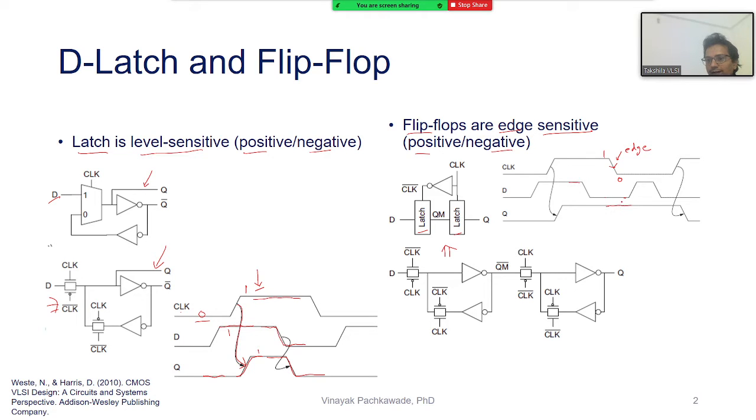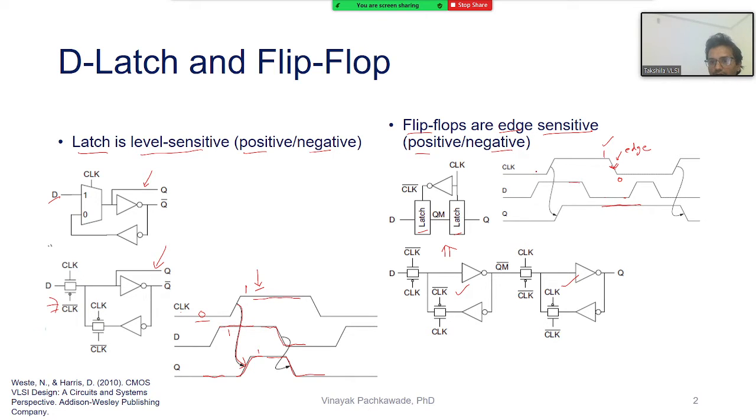It doesn't matter what is the value of input D, the Q is at the previous state, because the master is disconnected from the slave section of the flip-flop. So remember, from when the clock makes a transition from 1 to 0 at this negative edge, no matter what was the D and is the D, the Q will remain in the previous state.